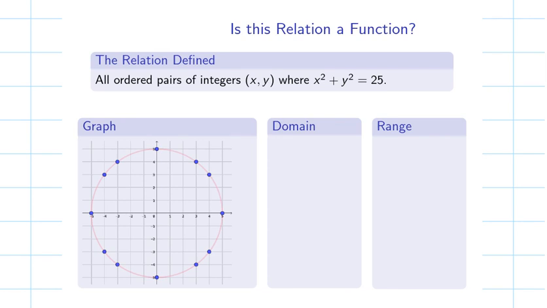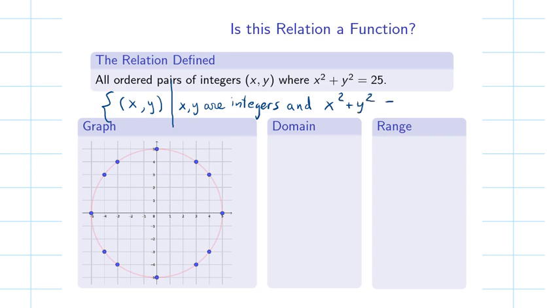Let's continue. So here's a relation. Question: is this relation a function? This relation is a set of integers, and we can write this in set builder notation. It's the set of ordered pairs x, y, and the condition is that x and y are integers.